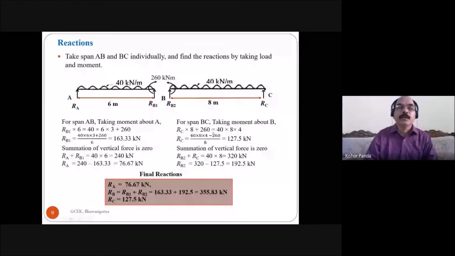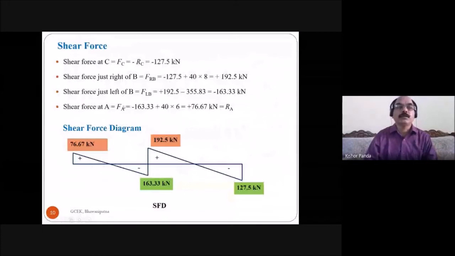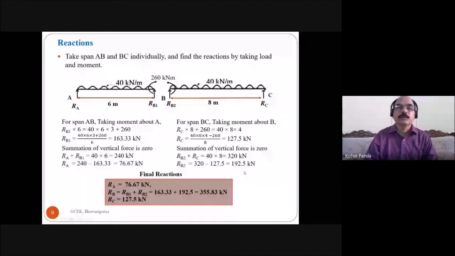After getting the reactions, you have to find the shear force at different positions. You see RA is 76.67, RB is 355.83 and RC is 127.5. So what is the shear force at C?